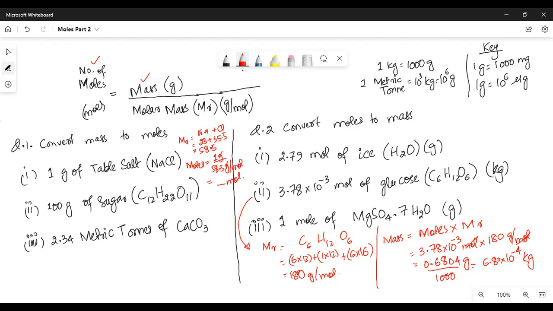There you go. Is it the same answer with your calculator too? 6.804 into 10 raised to the power minus 4. Yes, sir, it's the same answer. Great. I hope you understand what this is about, right? Yes, sir. Good.